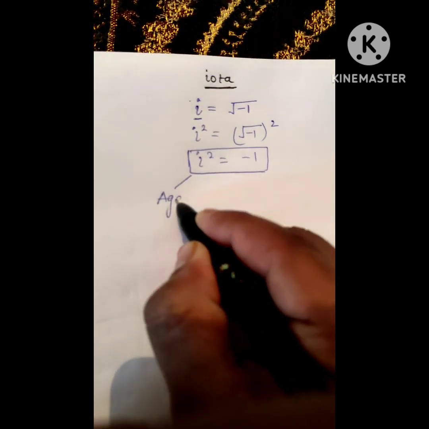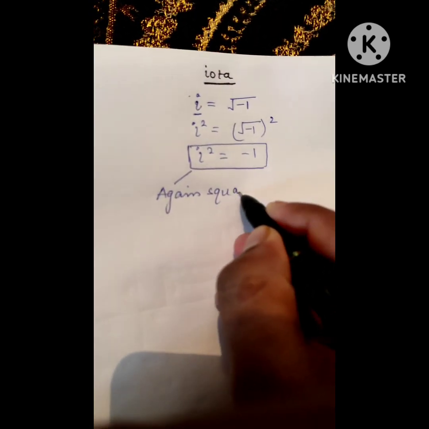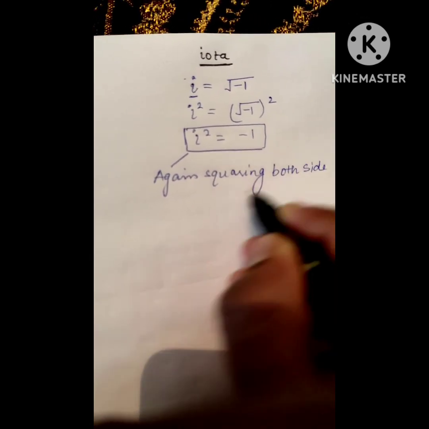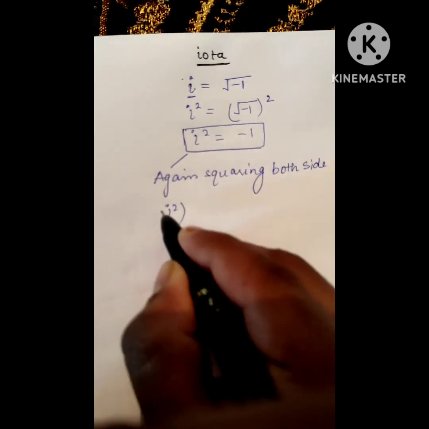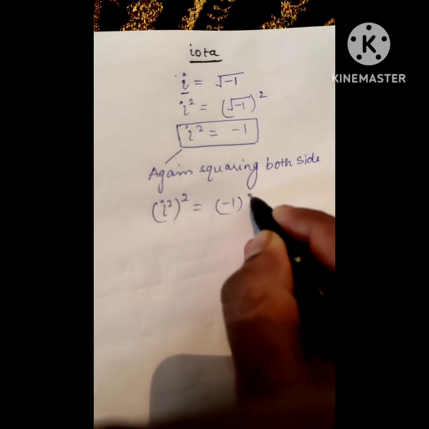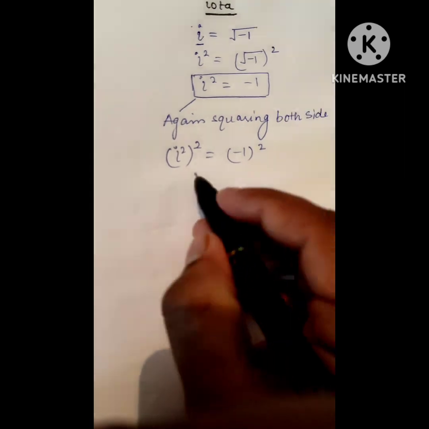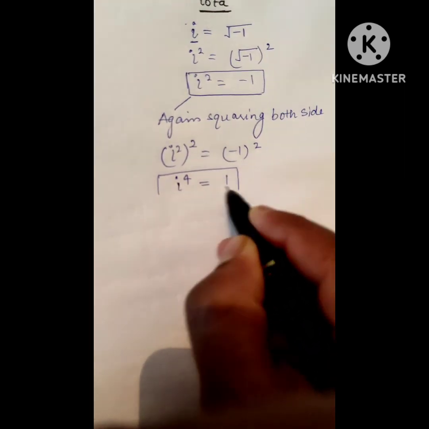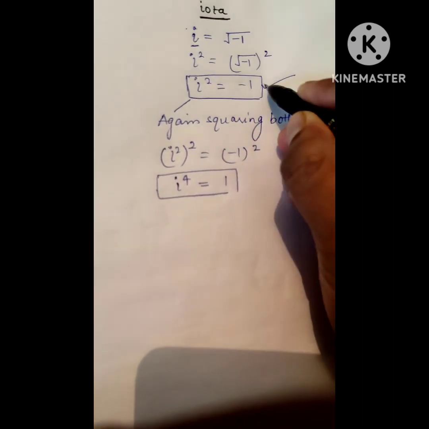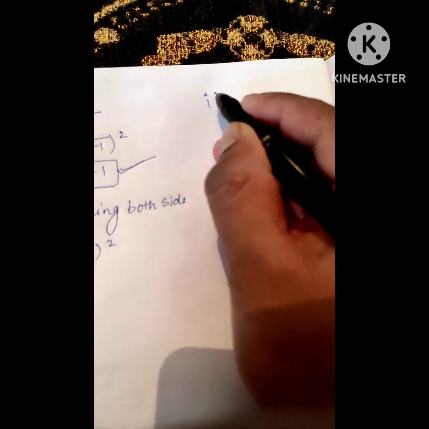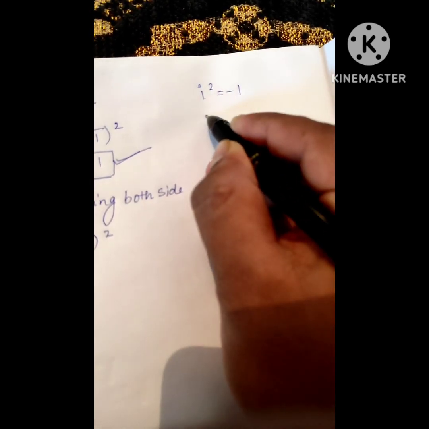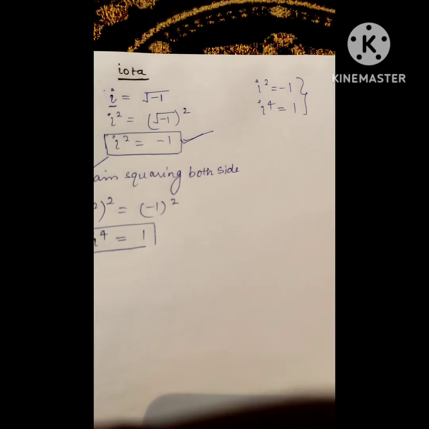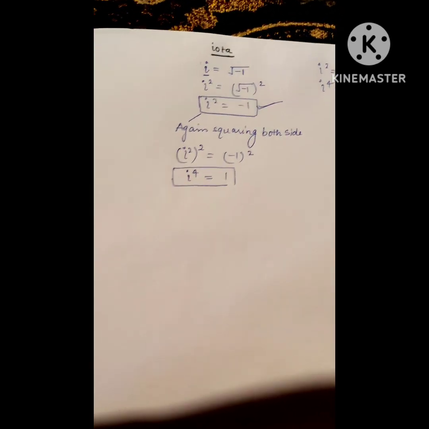Again squaring both sides, we get i square to the power square and minus 1 to the square, so we get i to the power 4 is 1. So we obtain two values: i square is minus 1 and i to the power 4 is 1. Remember these two values regarding iota.